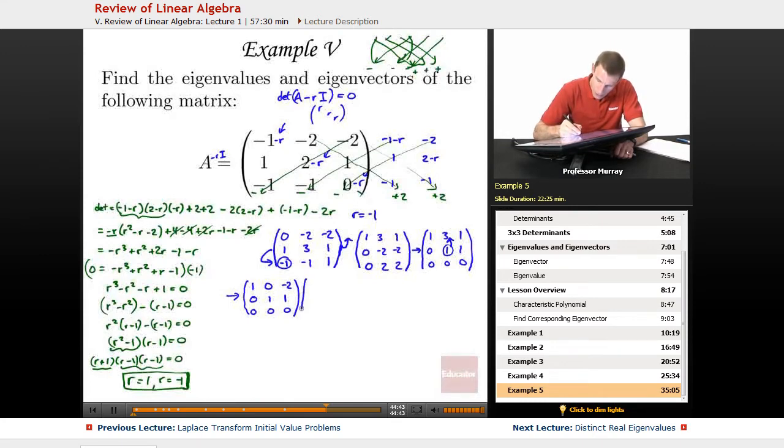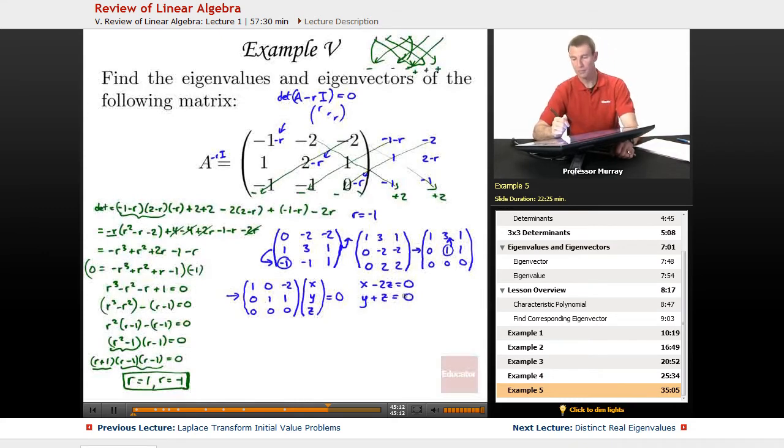And I want to see what x, y, z would have to be in order to give me 0, 0, 0 there. If I look at that, I see that I've got several equations here. From the first one, x plus 0y minus 2z is equal to 0. From the second equation, 0x plus y plus z is equal to 0. And I'm going to build my eigenvector.